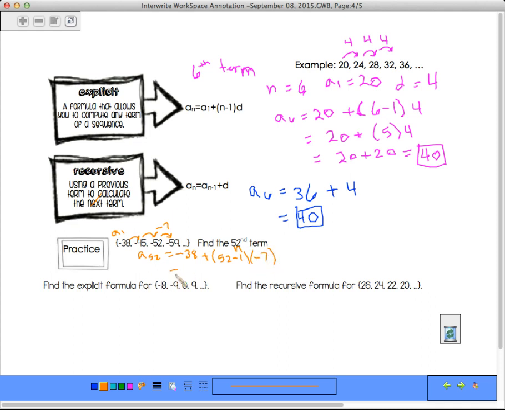So simplifying there, I have negative 38, and then here, this is 50 plus 51 times negative 7, which I can put all on my calculator, and I'm going to get negative 395.